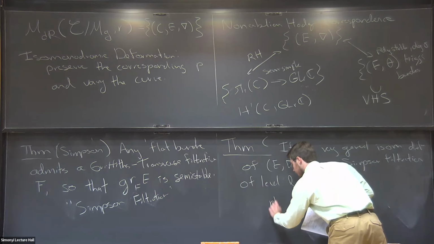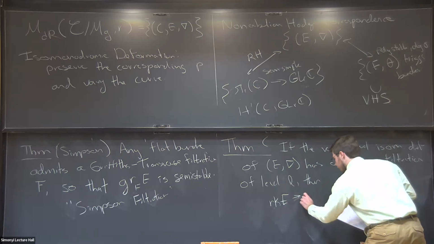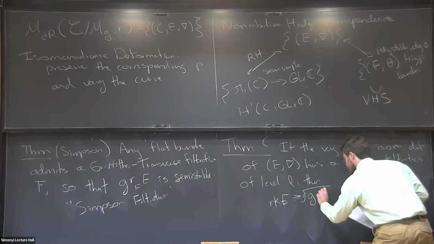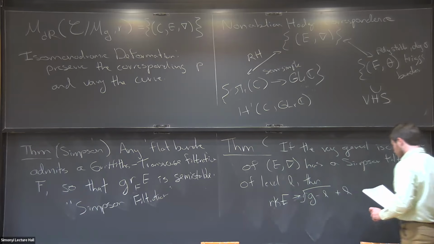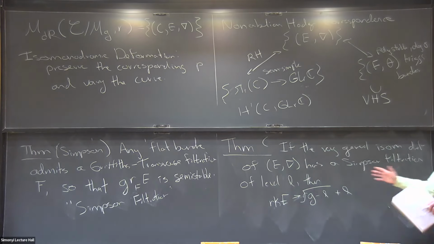So the rank of E is strictly greater than the square root of g minus the level. That's the level. If you want to talk about a particular locus where the length of that filtration is actually L, and maybe on a different locus the length is slightly different, you can incorporate the codimension as well to break that up.